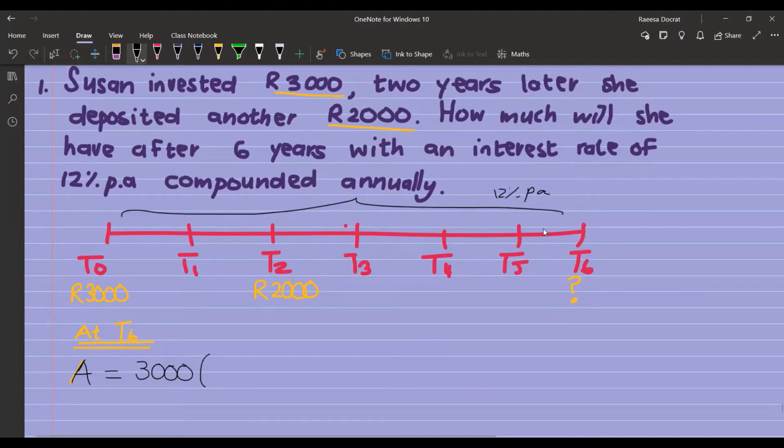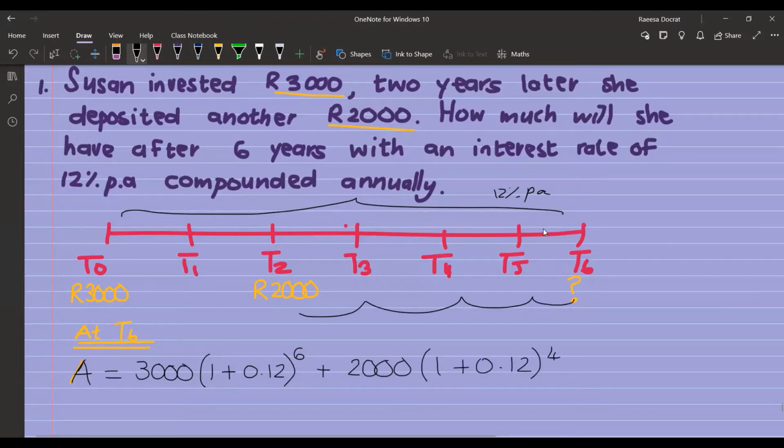So this is 1 plus 0,12. And how long was the 3,000 in there for? It was in there for 6 years, so it would accumulate interest for the 6 years, plus 2,000 Rand. And how long was the 2,000 Rand in for? It was in for 4 years, so it will accumulate the interest for 4 years.